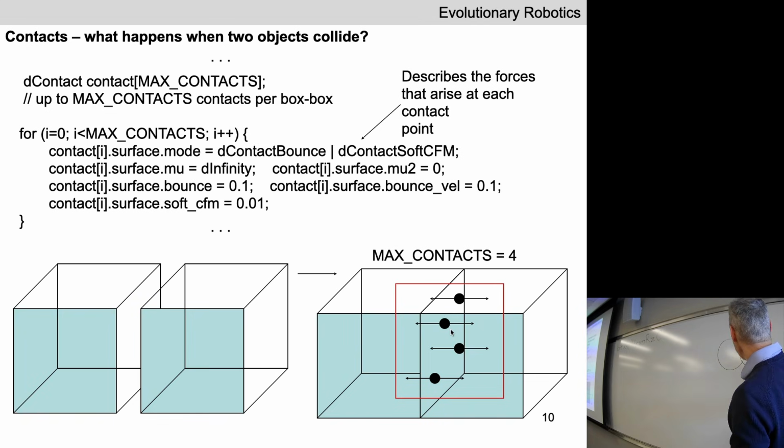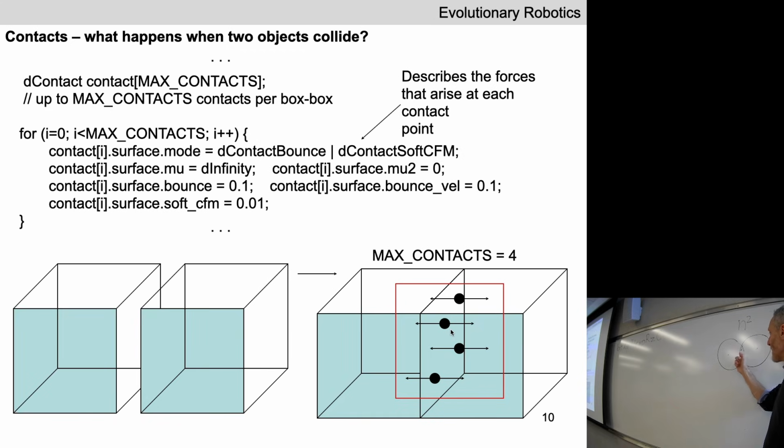So if we go back to our two spheres that are colliding, the physics engine is pretty sure that this is where the collision event is occurring, and it will drop a bunch of contact points into this space. It's going to use these contact points to simulate the collision between these two objects. Intuitively, the more points that it drops into this region, the more accurately the physics engine is going to be able to simulate that collision.